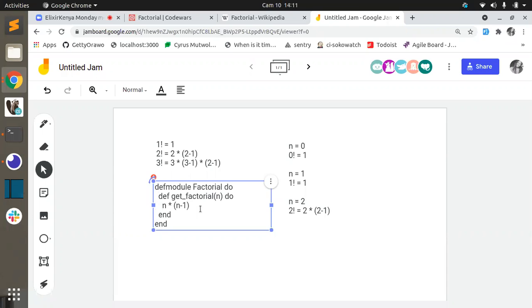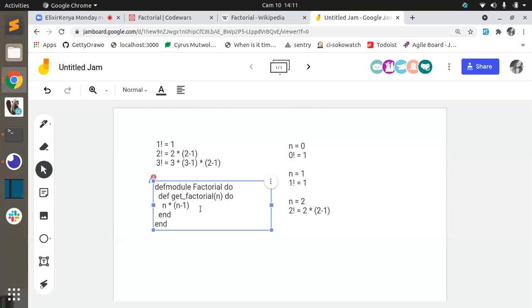So we should have 2 get_factorial functions, one that takes 0, which is our base. Because then for 0, it will be 1. For 1, it will be 1 times 1, which is still 1, which is correct. And for 2, it would be 2 times 1 times 1, which is 2, which is also correct.